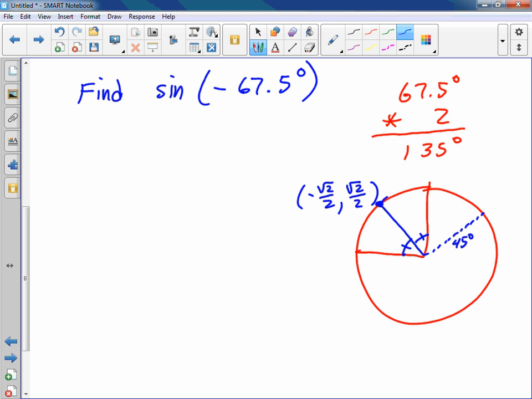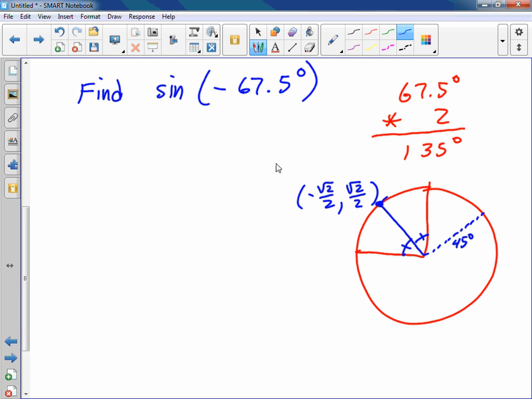So instead of this kind of ugly negative 67.5, oh, and I should say a negative will be down here. Maybe I should have drawn it down there. I just drew it over here because I was thinking 135, but it'll actually be a negative.